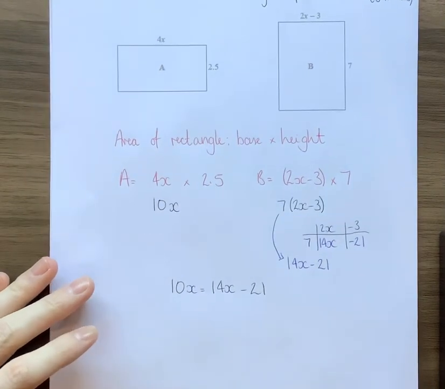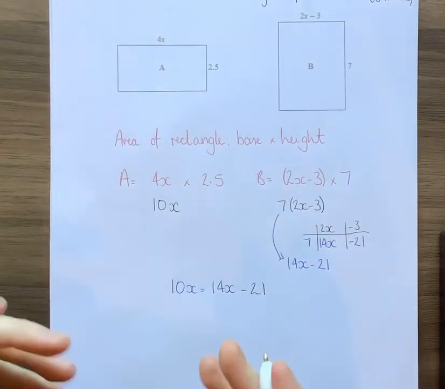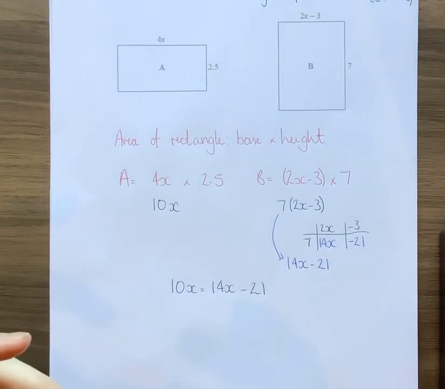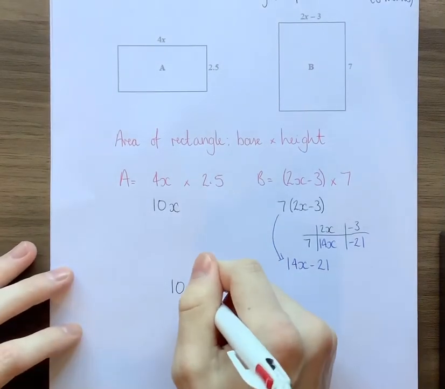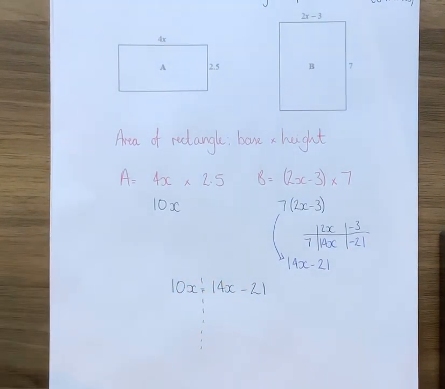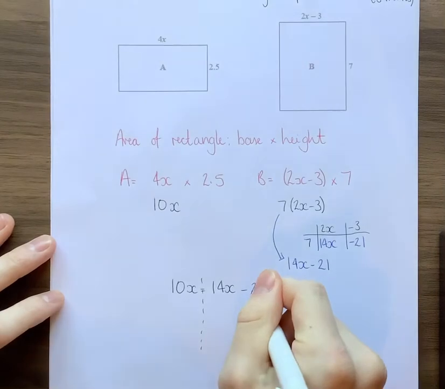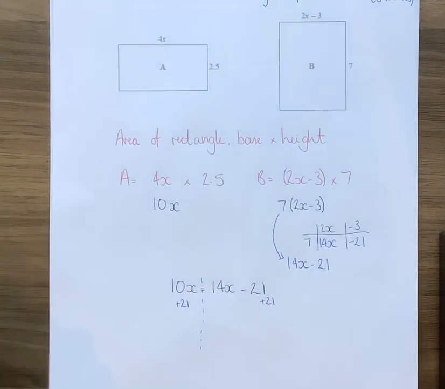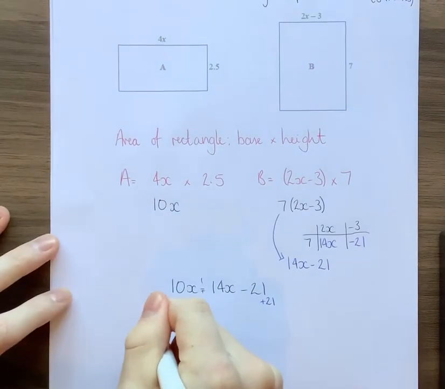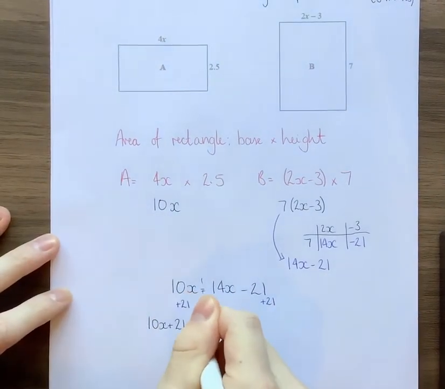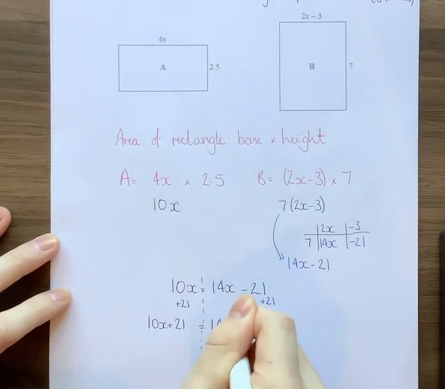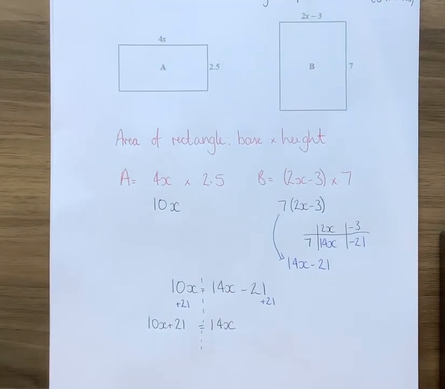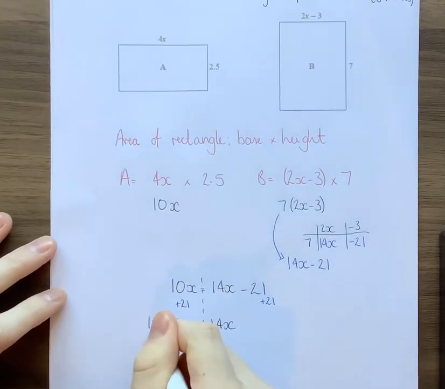Next step, I want to solve it, because I'm trying to work out the value of x so that I can see which has the largest perimeter. So first, I'm going to add 21 to both sides because that's currently a negative. So I've got 10x plus 21 equals 14x. My next step is to subtract 10x from both sides.